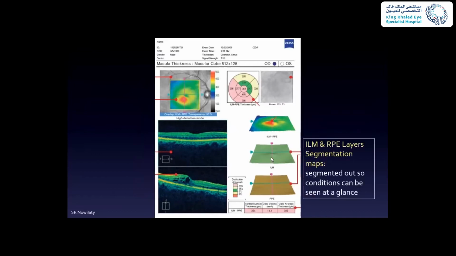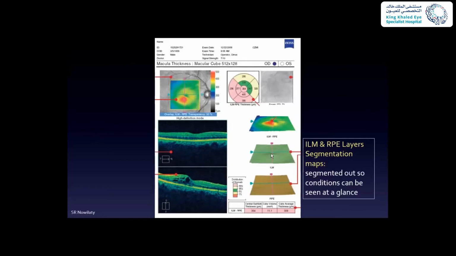Or if you do specific segmentation, it's going to give you what the surface looks like at the ILM level, and what it looks like at the RPE level. For instance, here you have the RPE that doesn't have any ups and downs, so it's pretty flat. But here in the ILM you have increased thickness, so you can understand that the thickness was mostly generated within the retina and not from the RPE. It's not the RPE pushing forward, creating this major thickness.